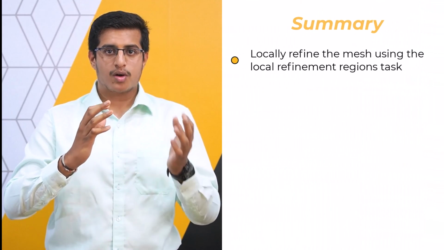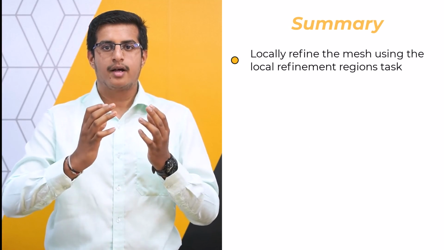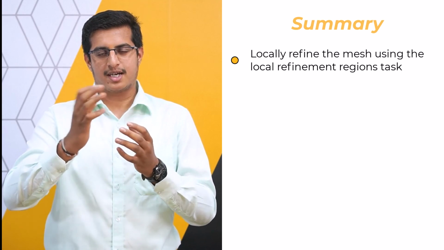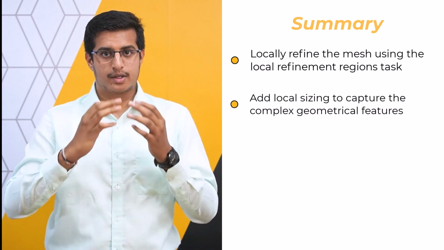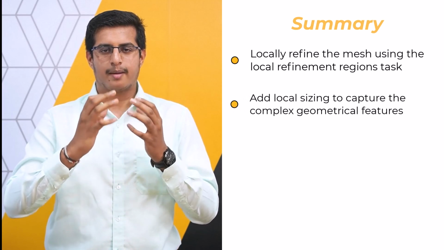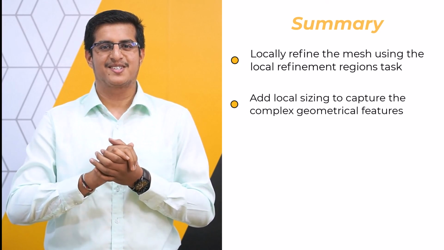To summarize, we saw how to generate a high quality mesh using the Ansys Fluent Meshing watertight geometry workflow. In that, we understood how to locally refine the mesh around the car using the local refinement regions task. Then, we learned how to add local sizing to ensure the mesh is able to capture the complex geometrical features.